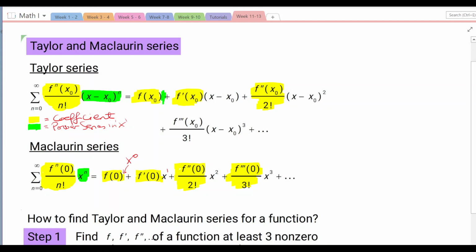So this is the power series in x, this is also a power series in x. So this is our x, there is an x here, and there is an x there at center 0, and there is also an x there at center 0.